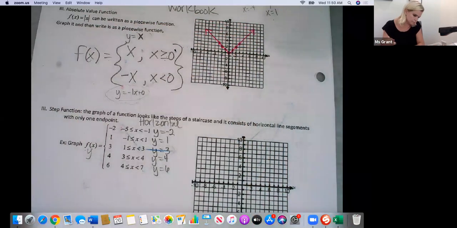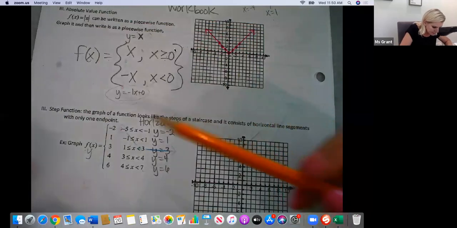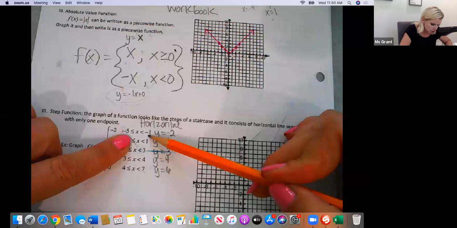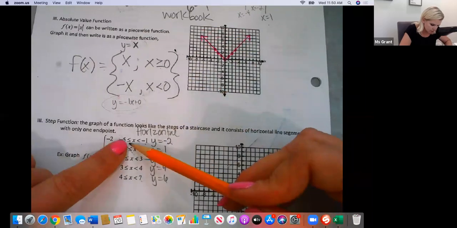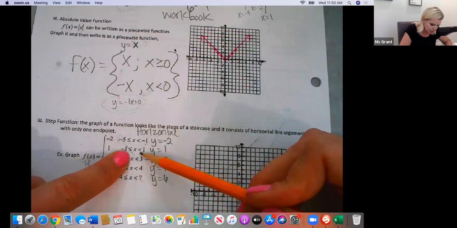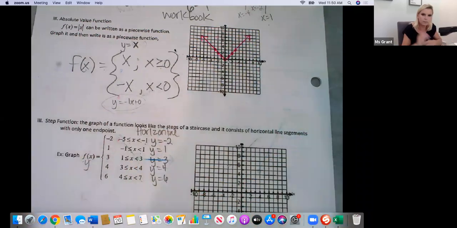So let's do purple. Please take a look at this pattern. In between -5 and -1, the closed circle starts out, that's my endpoint, and then there's an open circle. Closed circle, open circle between -1 and 1. Closed circle, open circle. Can you go through and make those dots right now?